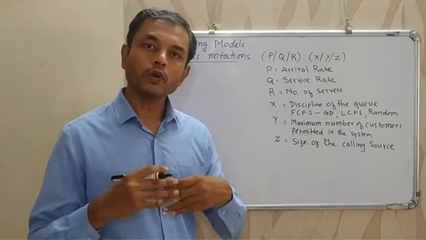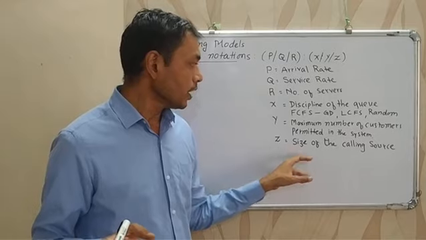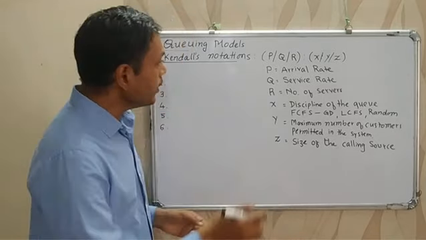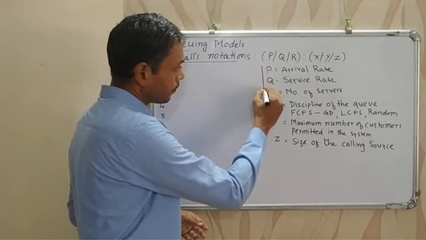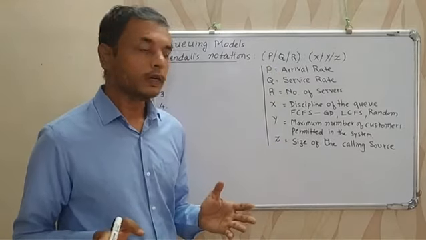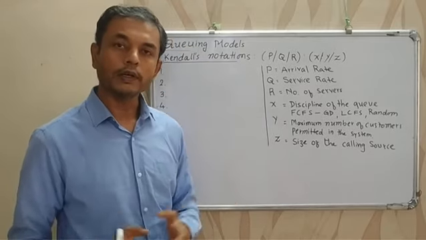But if I am calling any graduate student for the interview, then the size of the calling source becomes infinite. So on the basis of these six parameters, P, Q, R and X, Y, Z, Kendall has classified the queuing models into six different types.